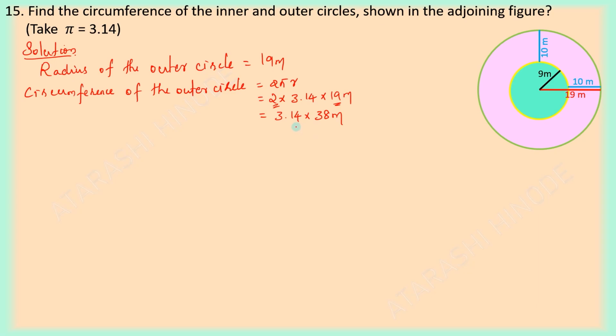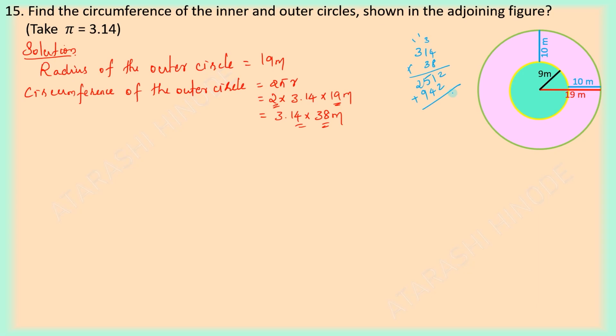Now we have to multiply 314 and 38. 314 into 38. 8 4s are 32. 8 1s are 8. 8 plus 3 is 11. 8 3s are 24. 24 plus 1 is 25. 3 4s are 12. 3 1s are 3. 3 plus 1 is 4. 3 3s are 9.